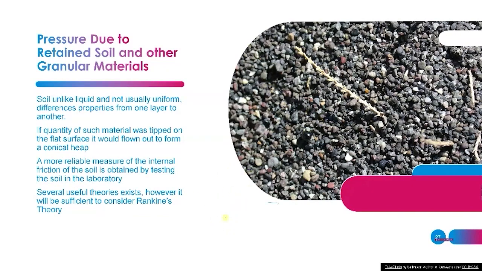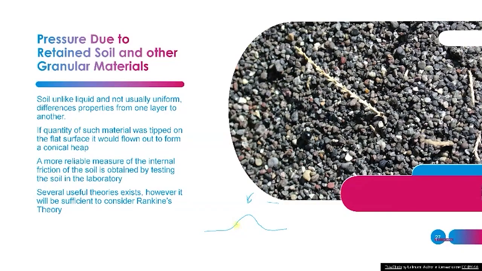Let's say you ada soil, you genggam dengan tangan you and then you release the soil sikit. Dia akan jadi macam ni lah. Soil tu jatuh, dia akan naik jadi conical heap. A more reliable measure of internal friction of the soil is obtained by testing the soil in laboratory. Kenapa jadi macam ni? Because soil tu sendiri dia ada friction because of each particles dekat dalam soil tu.